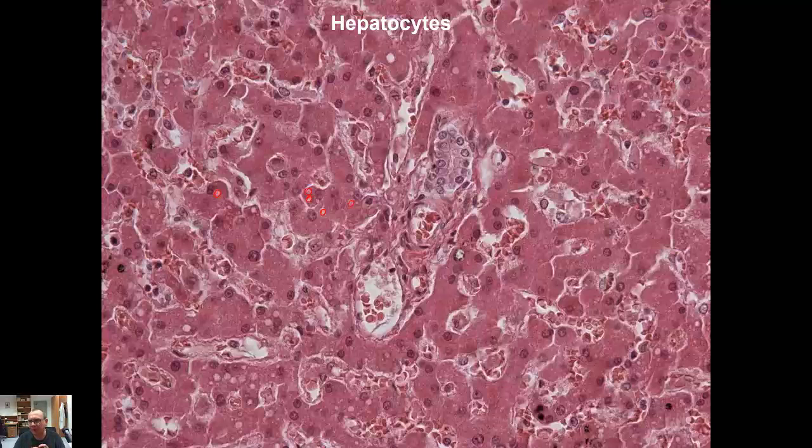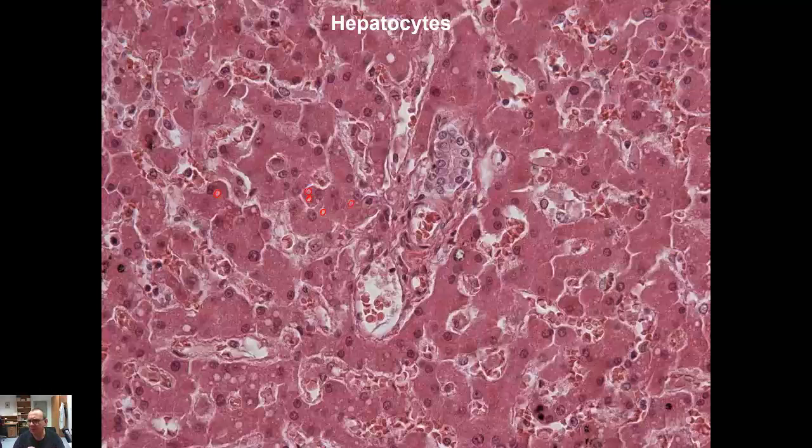The metabolism of hepatocytes is very active and very variable, so you can find almost all structures and organelles and inclusions which were described in cytology in the hepatocyte.